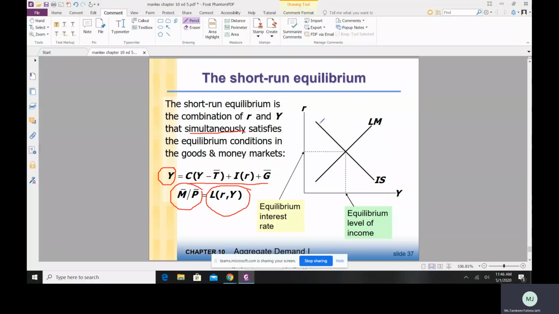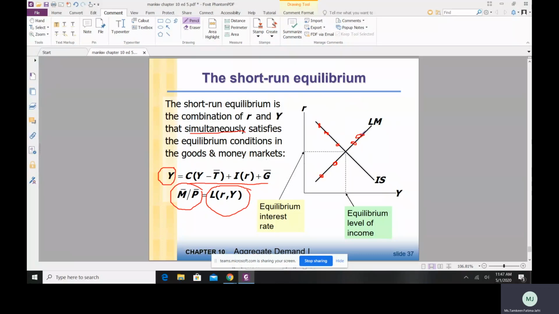The IS curve contains all the combinations of R and Y where the goods market is in equilibrium, whereas the LM curve contains all the combinations of R and Y where the money market is in equilibrium.